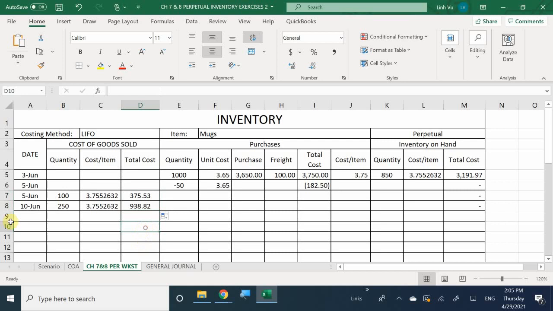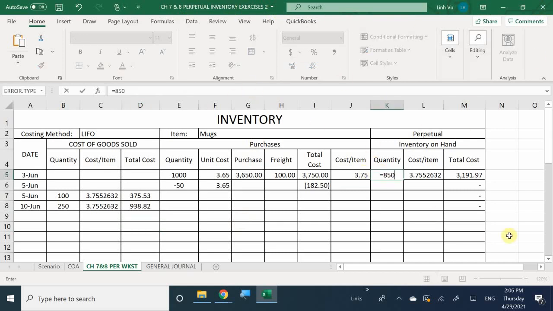Okay. Since we're already here, let's go ahead and update our inventory as well. So if I have a total of 850 and I sold 250, what should I have remaining? 600. So therefore, let's double check this. So 97 cents minus 82, I should have at least 15 cents left, right?